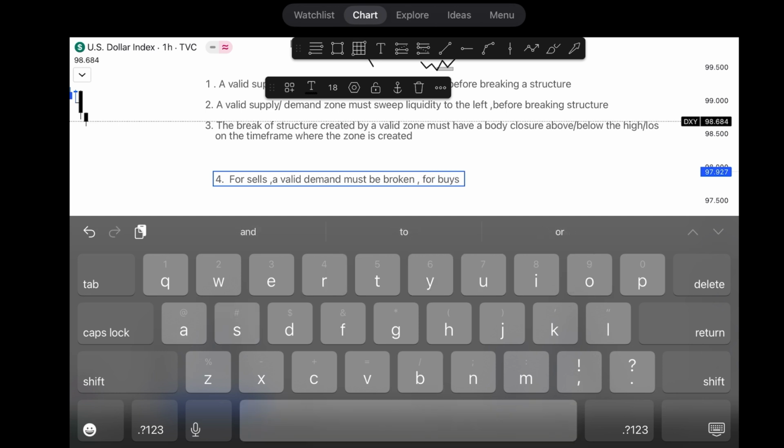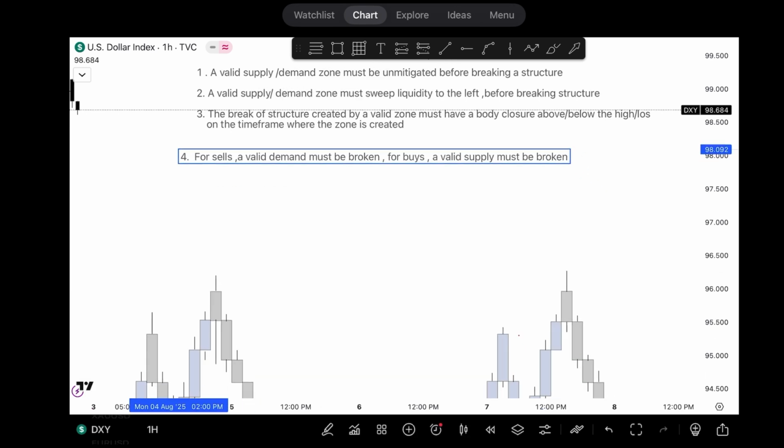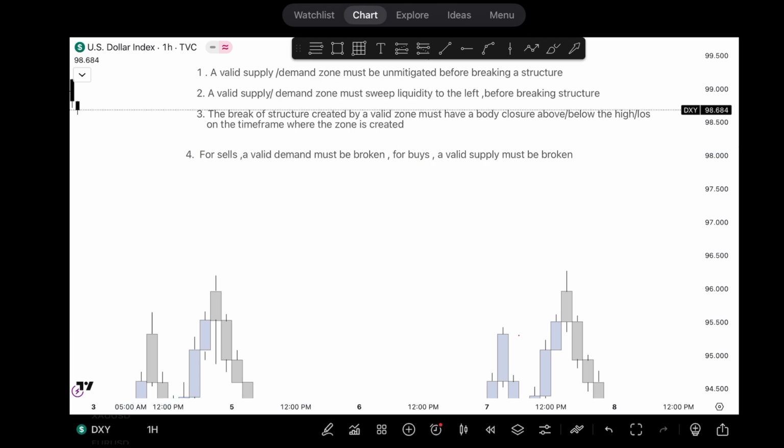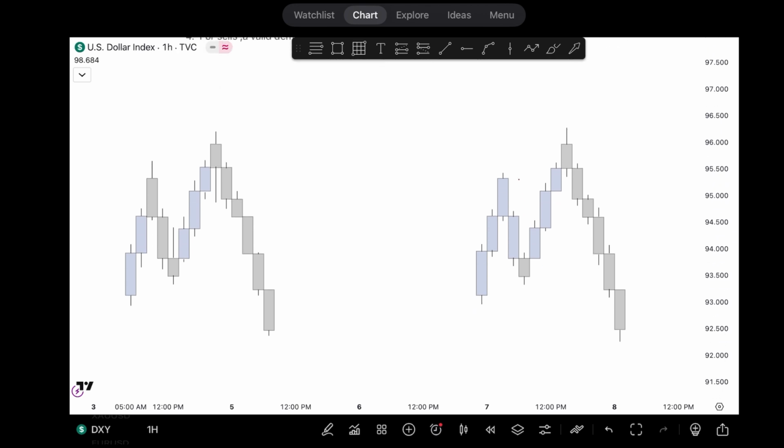For buys, a valid supply must be broken. So a valid demand must be broken for sales and a valid supply must be broken for buys.